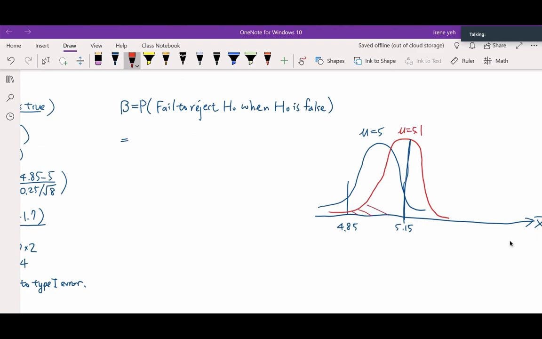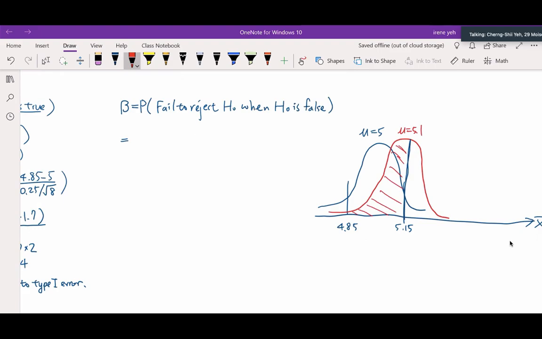Student: Professor, why is the curve so close to the line where 5.15 is at? Because one is 5.0, the other one is 5.1.